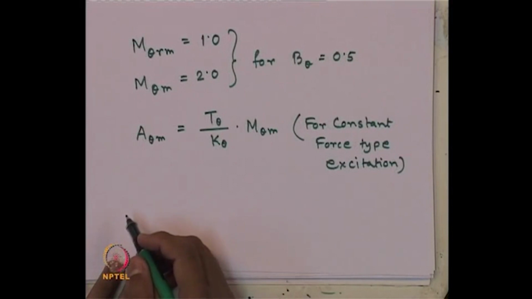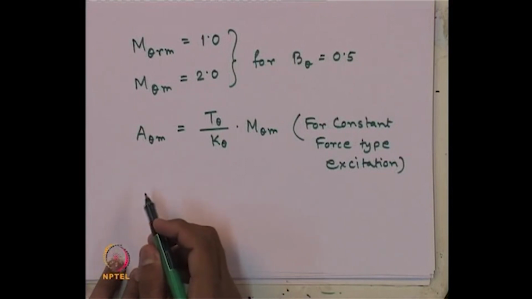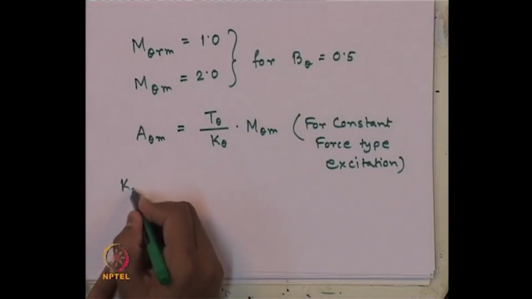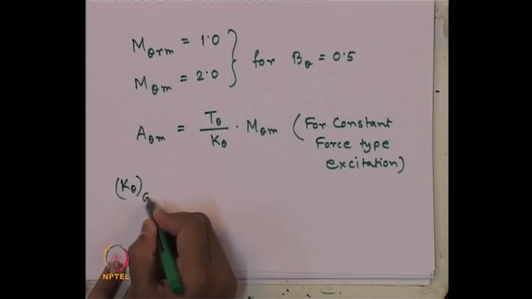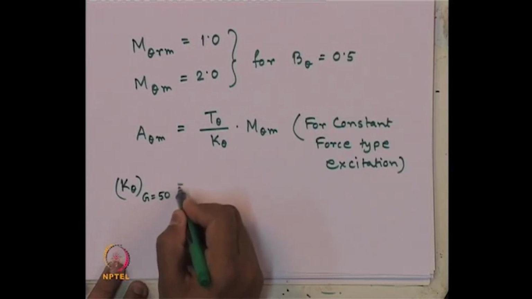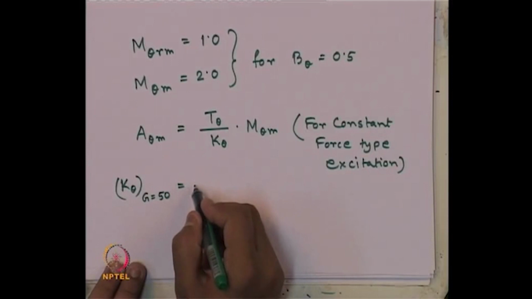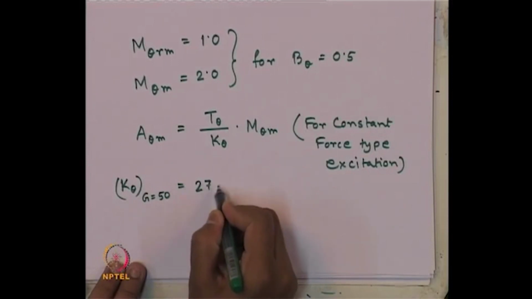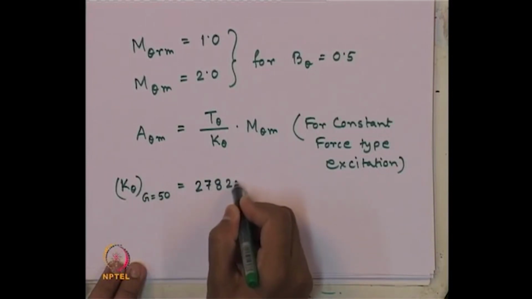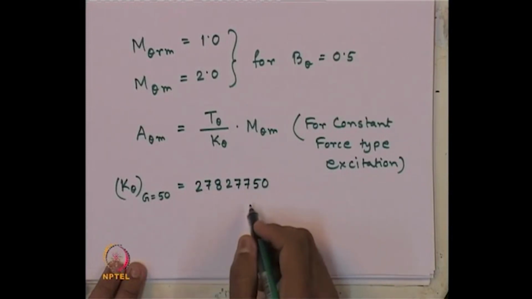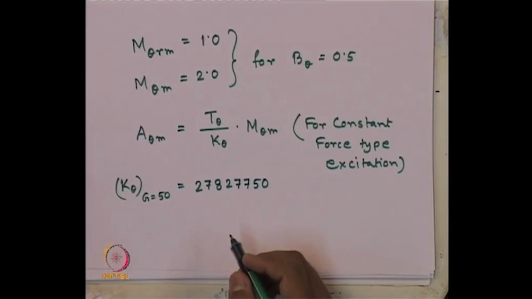So, the k theta values we have already computed in our previous problem, the same values we can use. Let me quote those values once again. K theta for G equals 50 we had computed as 27827750. What was the unit? We had calculated earlier.